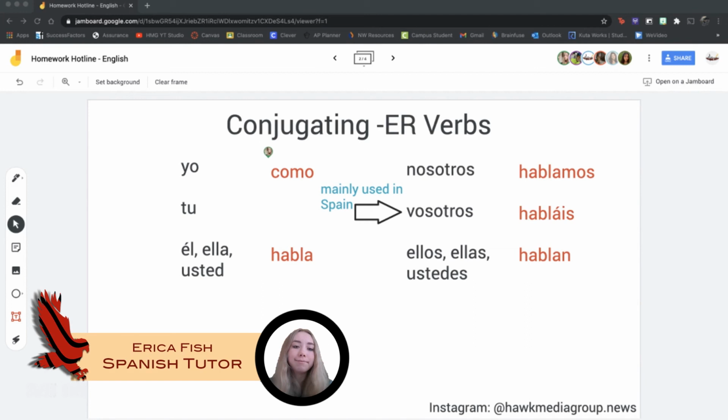And then for él, ella, usted, come, and for nosotros, comemos. Maybe you and your family are eating, mi familia comemos.